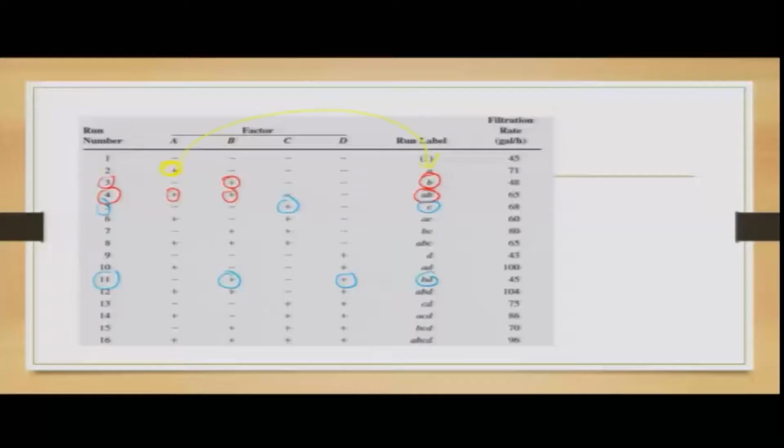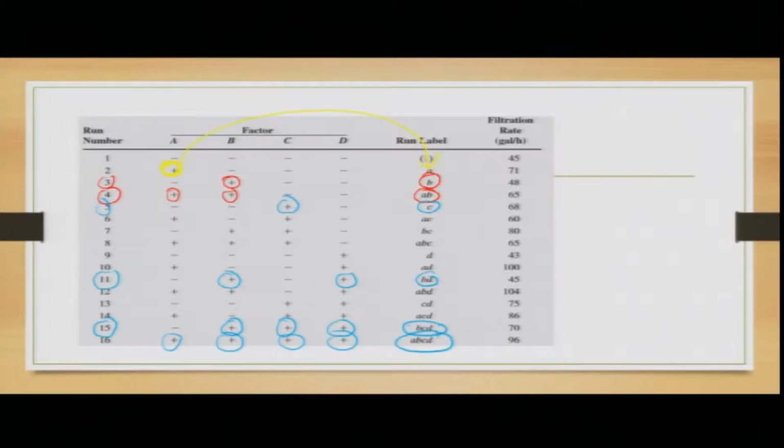For the 15th run, the effects are coming from factor B, factor C, factor D, hence the run label is BCD. Finally, the 16th run has an effect of A, B, C and D, hence the run label is given by ABCD.